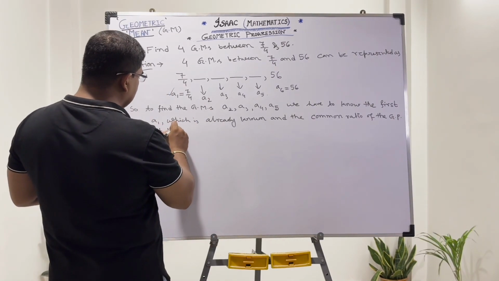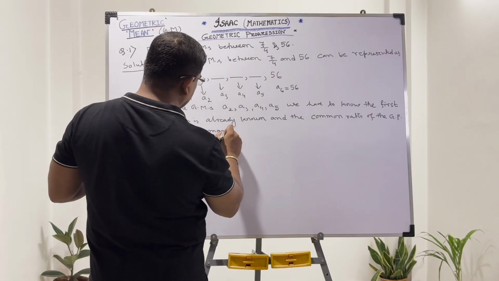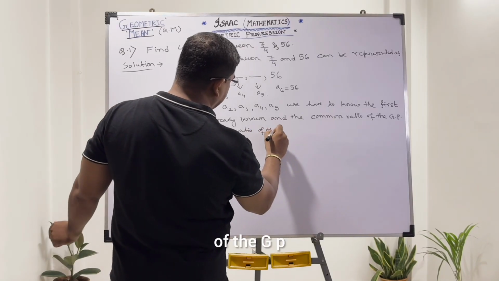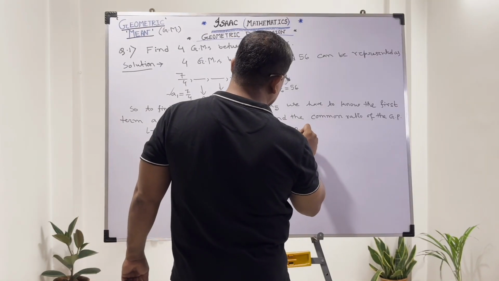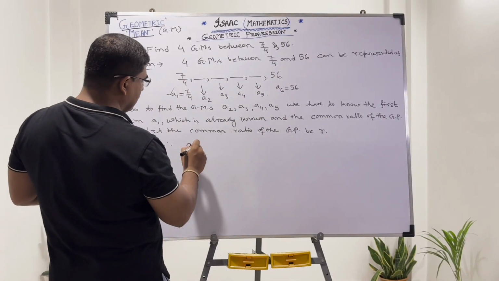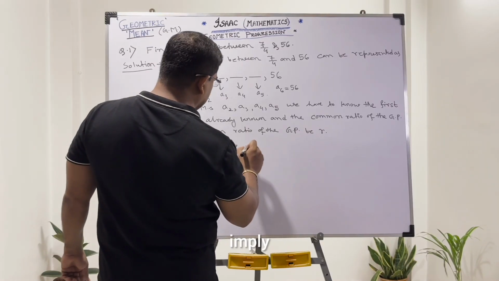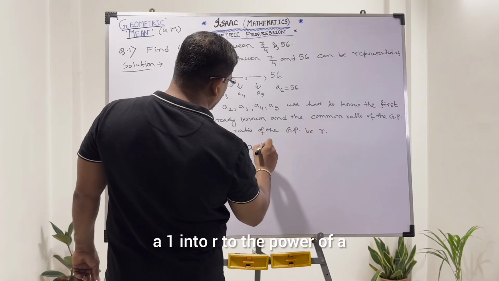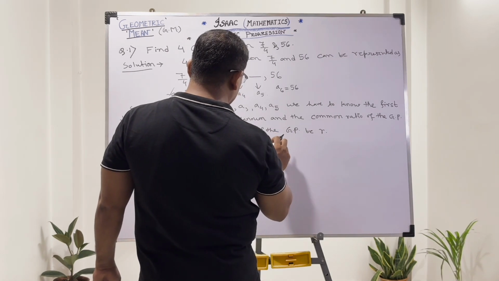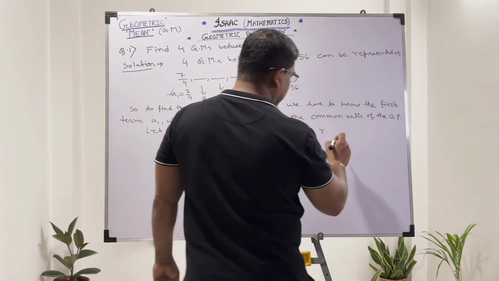Let the common ratio of the GP be R. So therefore A6 equals to 56 implies A1 into R to the power of 6 minus 1 equals to 56.